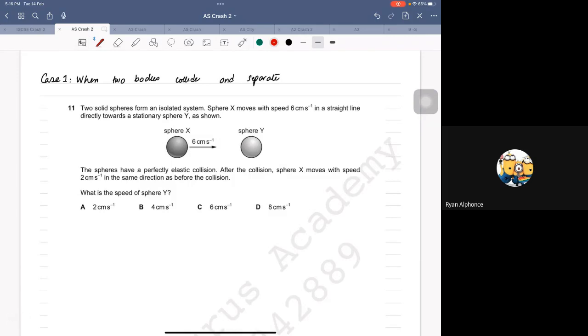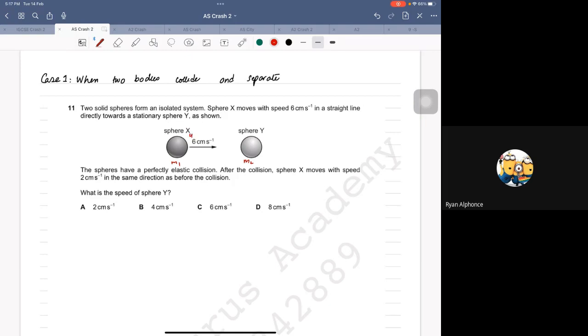For example, in case one, two bodies collide and then they separate. In this one, it says two solid spheres from an isolated system: sphere X moves with a speed of 6 in a straight line towards a stationary sphere Y. If this is m1 and this is m2, right now its speed is 0.